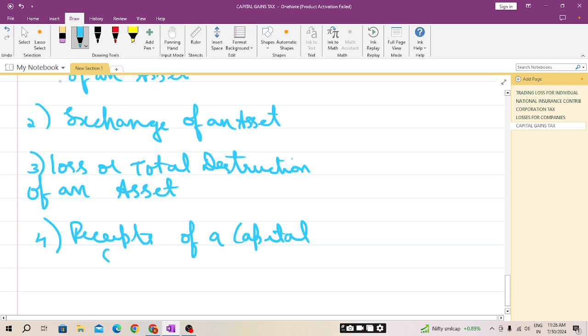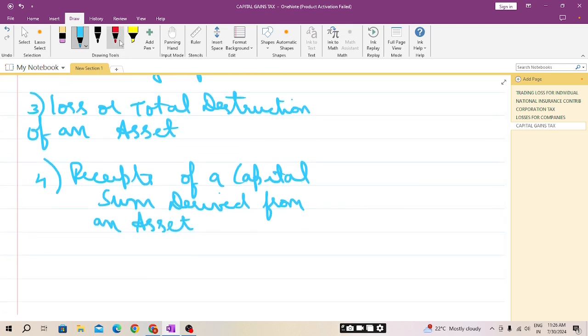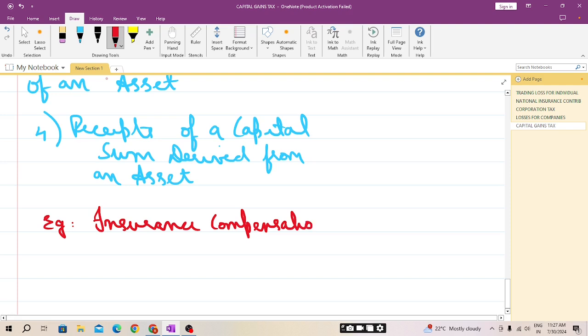For this we have taken the example, students, of the receipt of a capital sum derived from an asset. The asset must be a chargeable asset. So we have taken examples like the insurance compensation for the damage of assets.